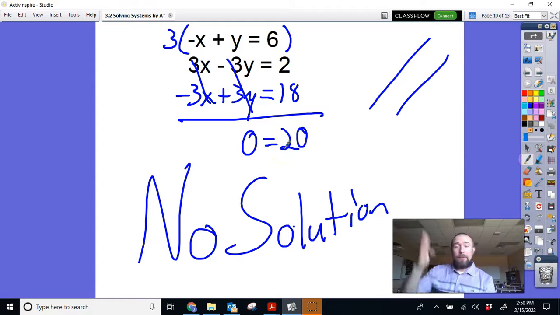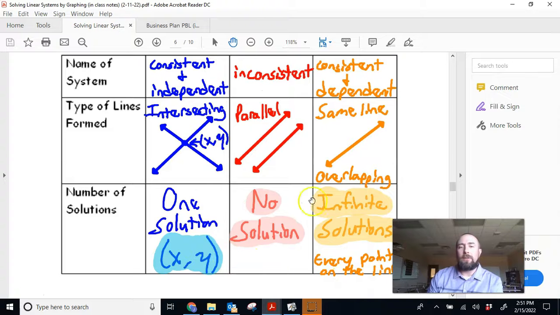Everything's the same. And so they would cancel out. If they're the same line to start with, and you make one of them opposite, it's going to cancel out completely. And so what that gives me is 0 equals 0. That would be the ones that have infinite solution or the same line.